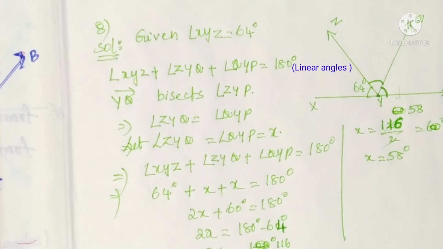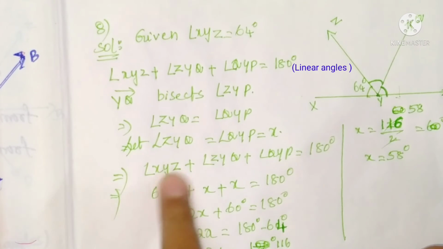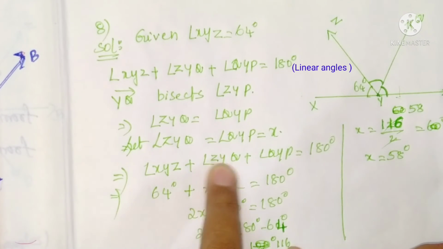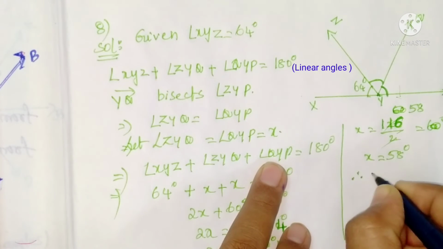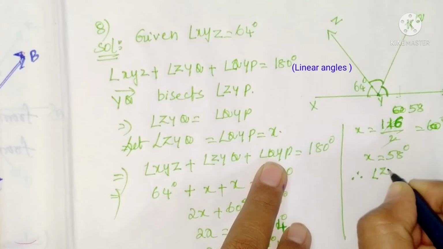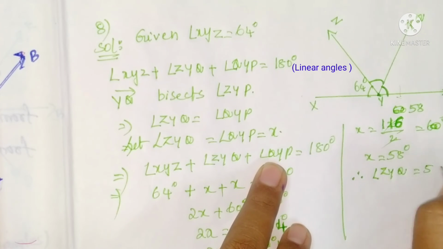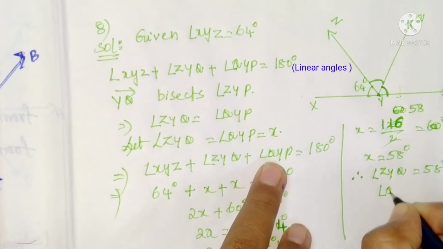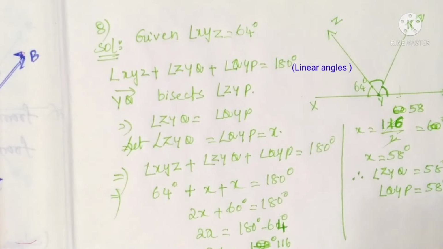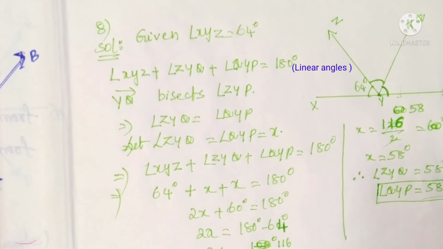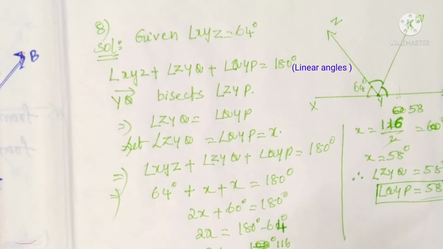What is this X? It is angle ZYQ or angle QYP. So angle ZYQ is 58 degrees and angle QYP is also 58 degrees. In the problem, they are asking to find angle XYQ.